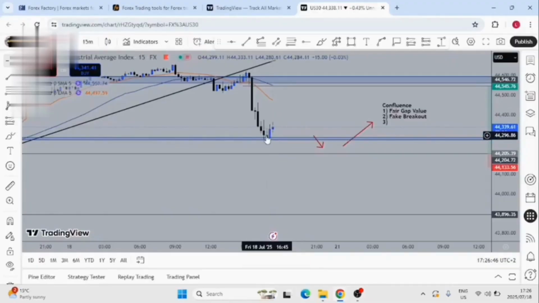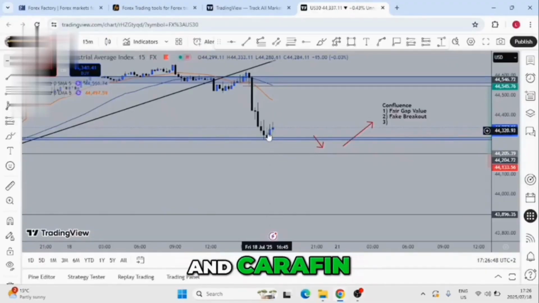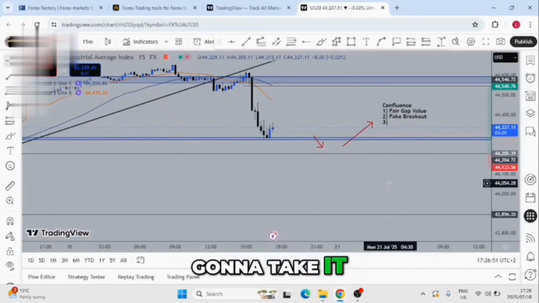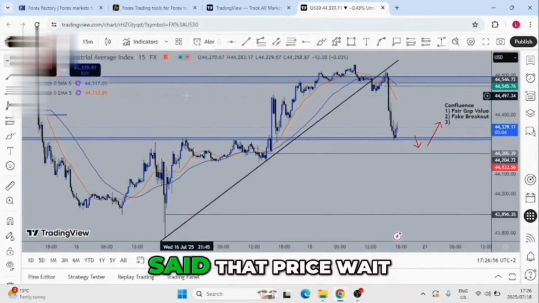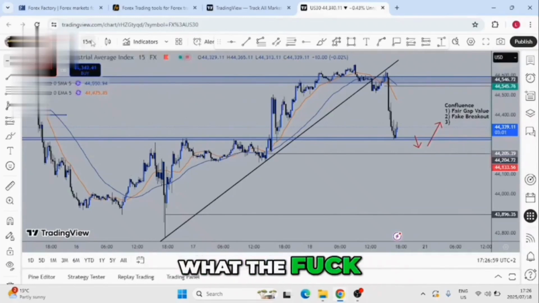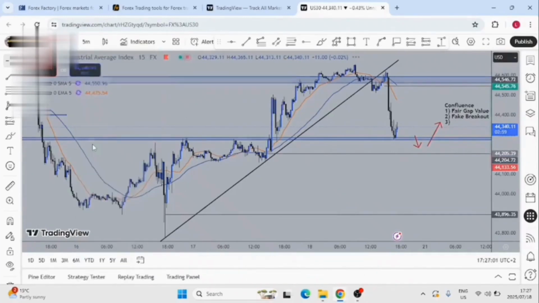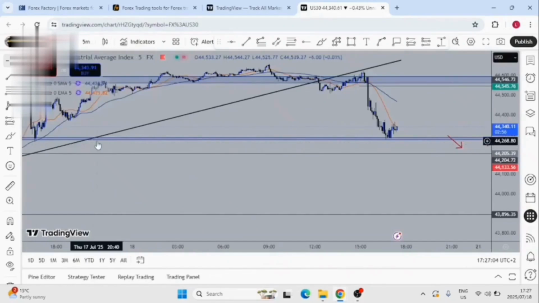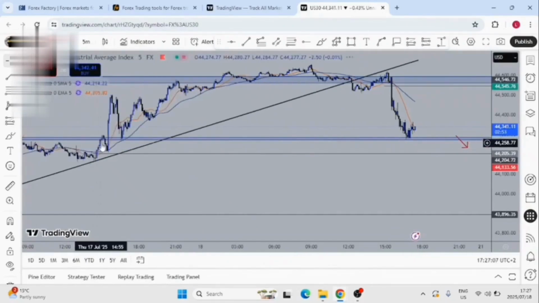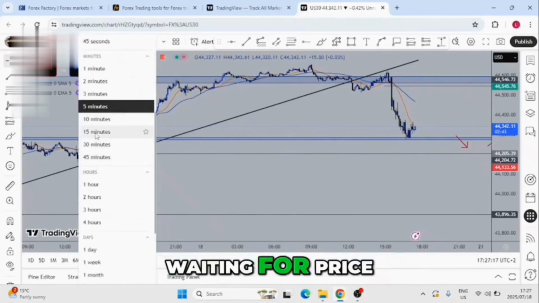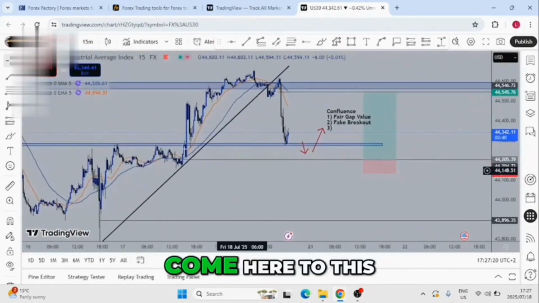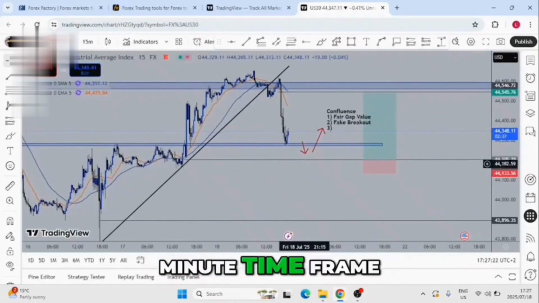Now here, guys, this is a bullish engulfing. I'm not gonna take it because we said that price. Wait, what am I doing? No, we're good. So what we are doing, waiting for price to come here to this fair value gap, just on a 15-minute time frame.